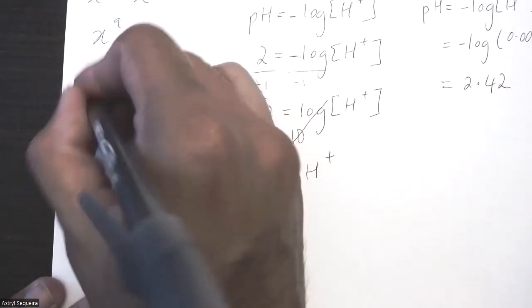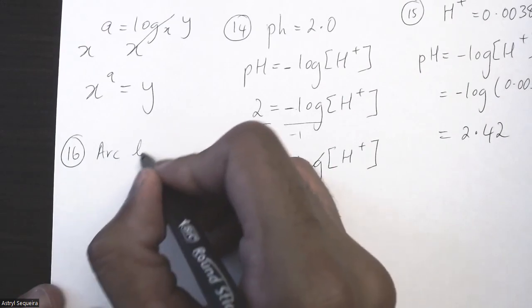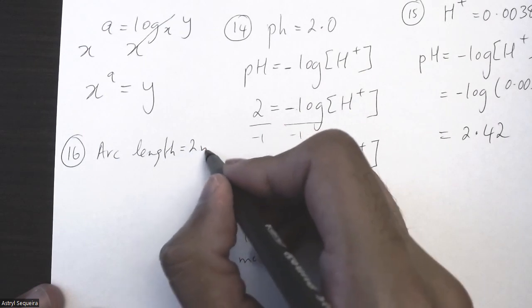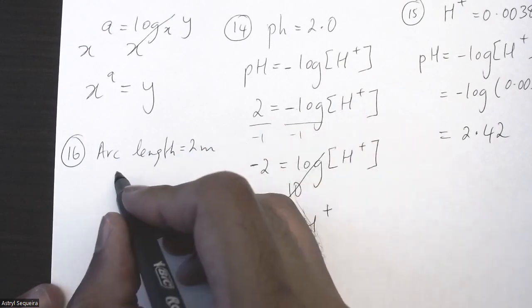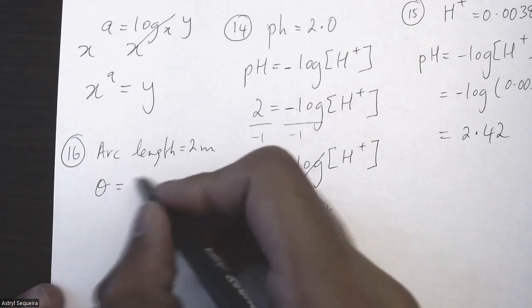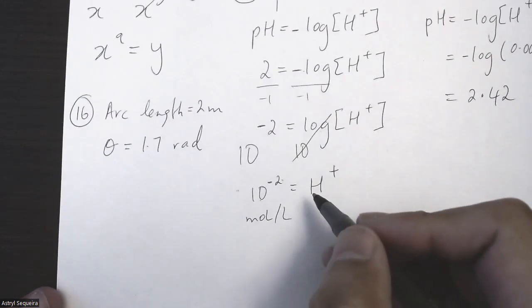All right, next question is number 16, and number 16 gives us an arc length of 2 meters, and the angle subtended by the arc, called theta, is 1.7 radians. You need to find the radius.